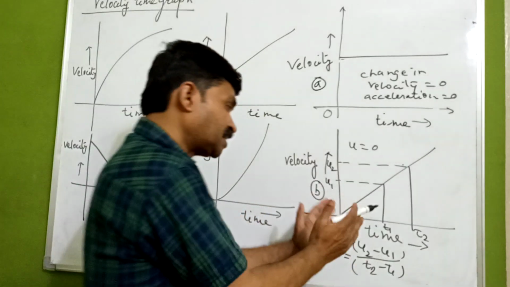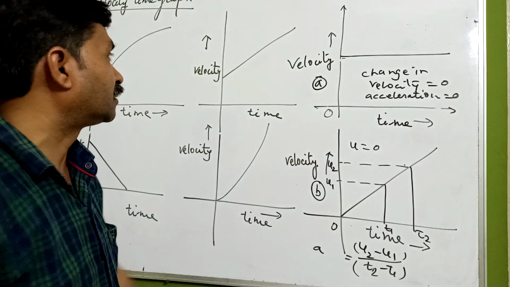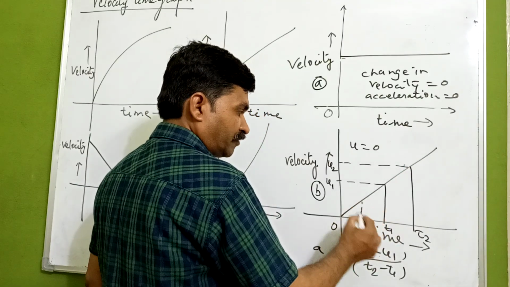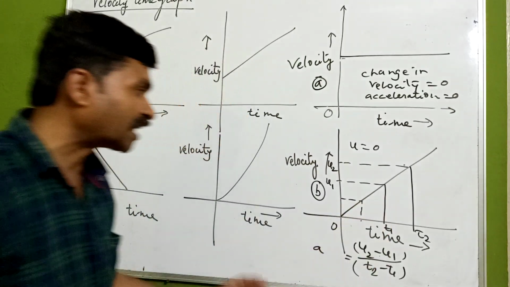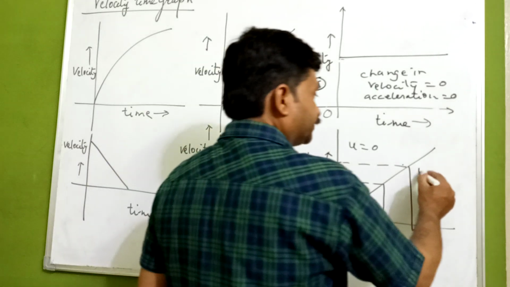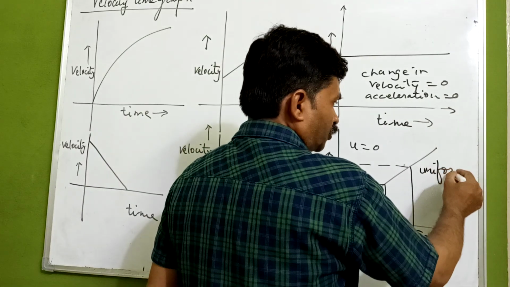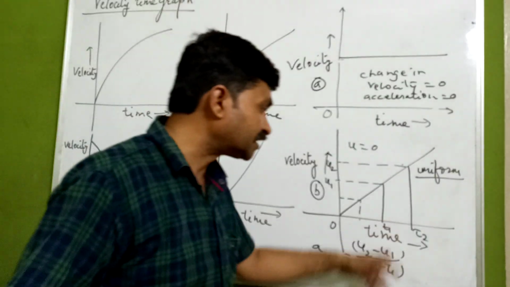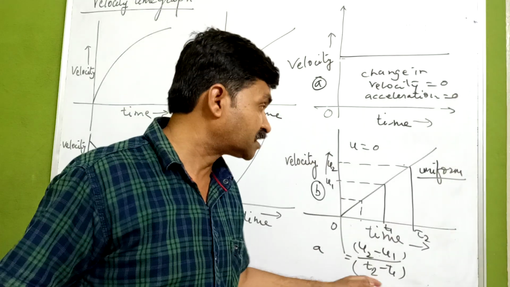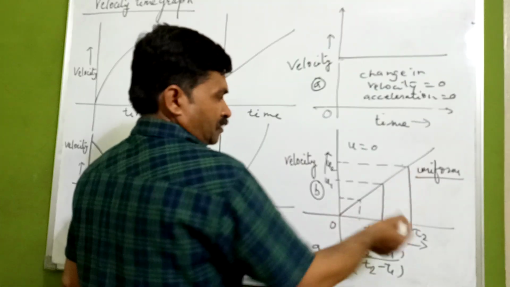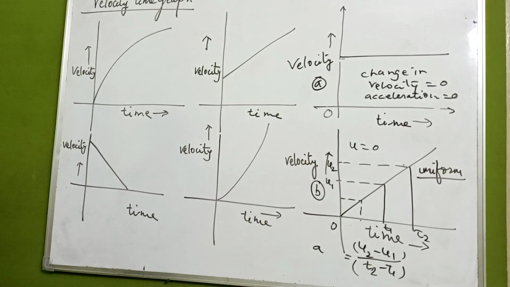Now if we see, this is a uniform acceleration. In equal intervals of time, there is an equal change in the velocity. So we can say it is uniform motion with acceleration. There is a change in velocity with respect to time, so this is giving us acceleration.